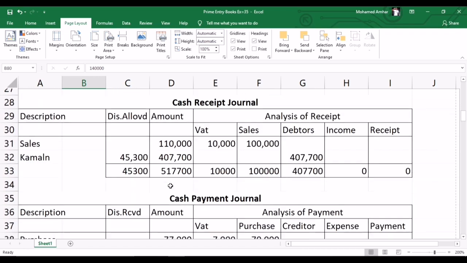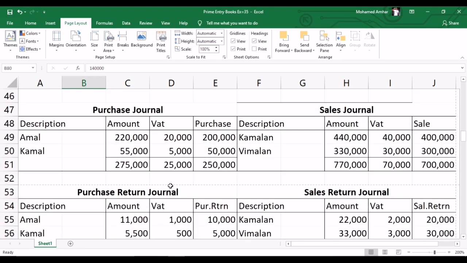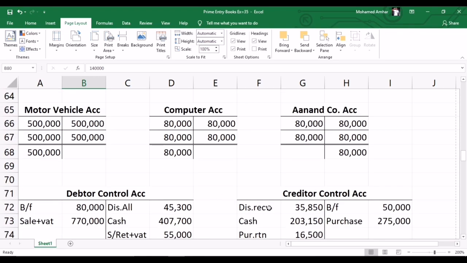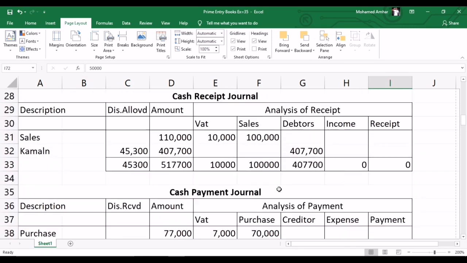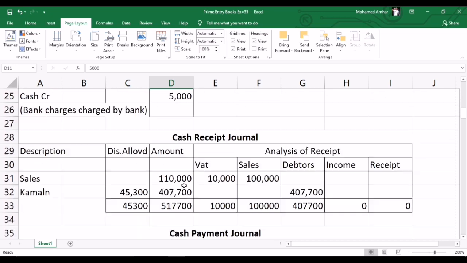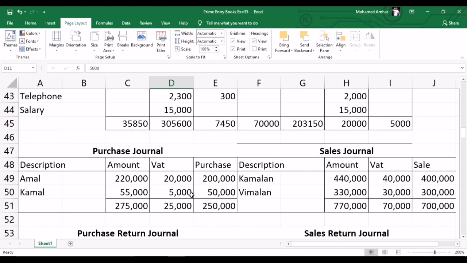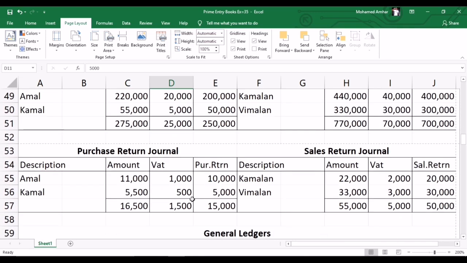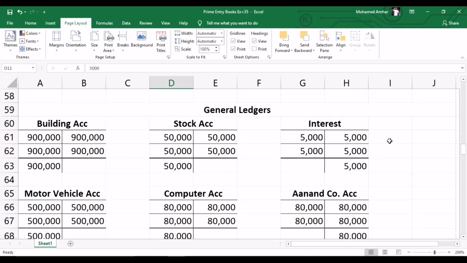Transfer this to creditors control account as opening balance. Here 50,000. And 5,000 interest payable balance is there, so that should be transferred to interest payable account. Here interest account balance 5,000, right?